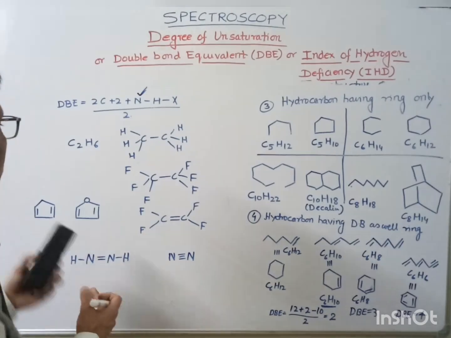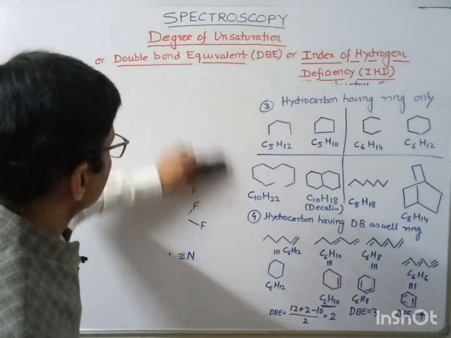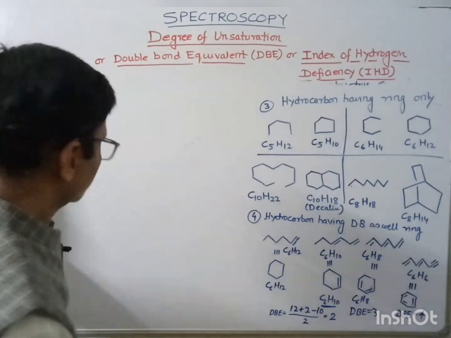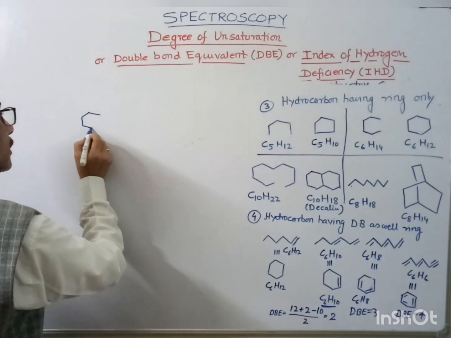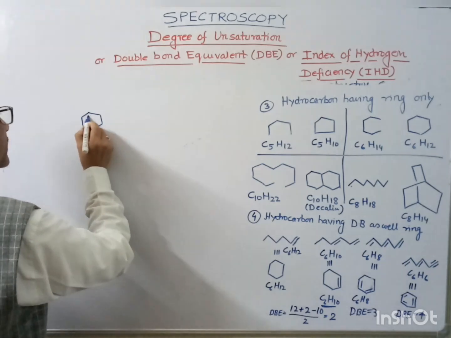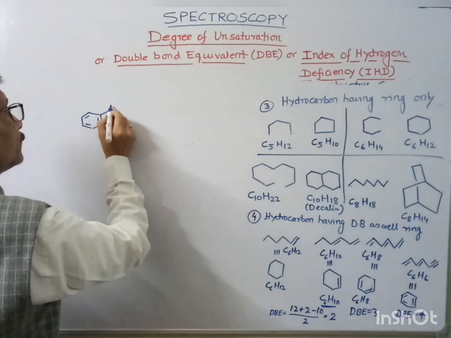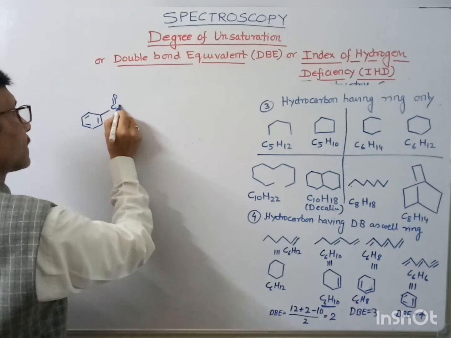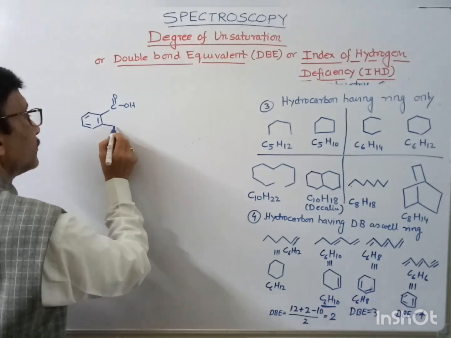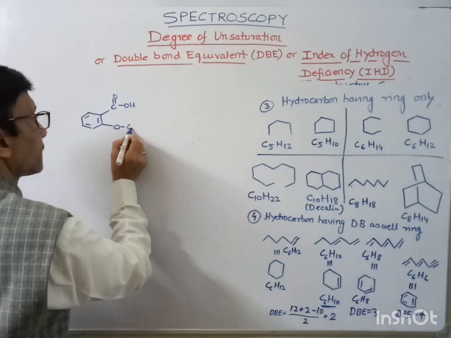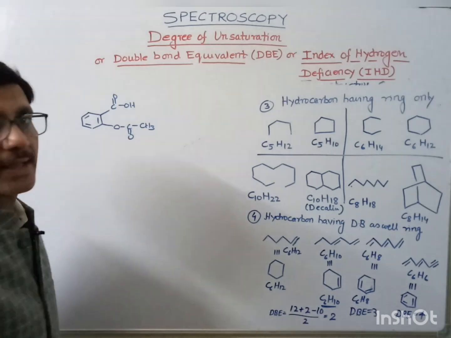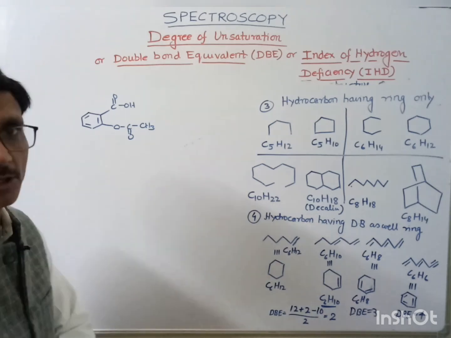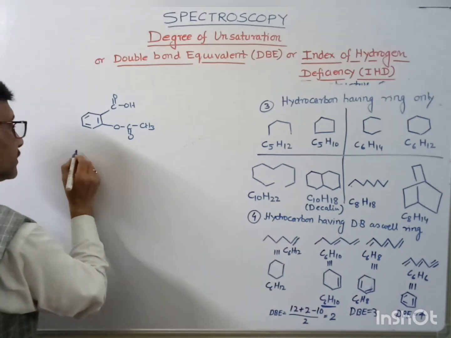Now let us take one or two examples. Suppose we have a structure having an oxygen atom, aspirin. In aspirin, one acid functional group and another ester functional group are present.